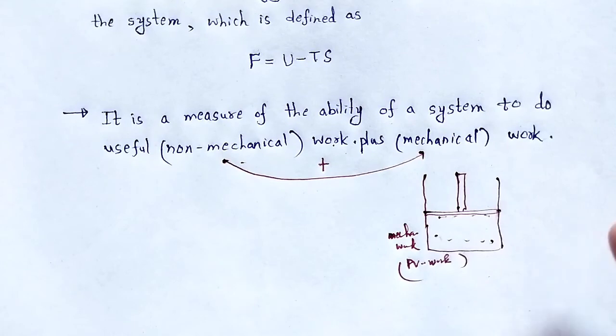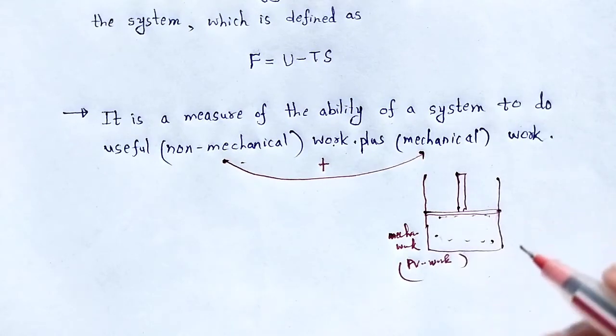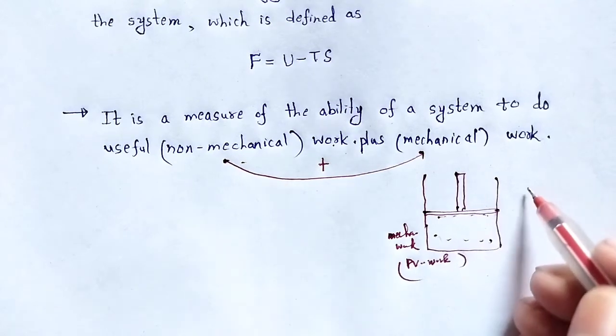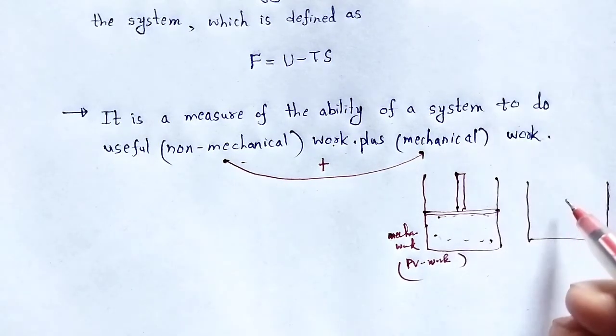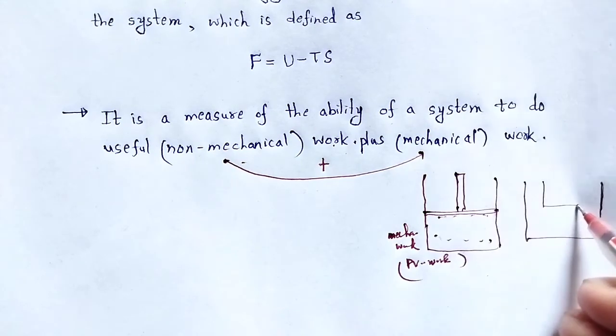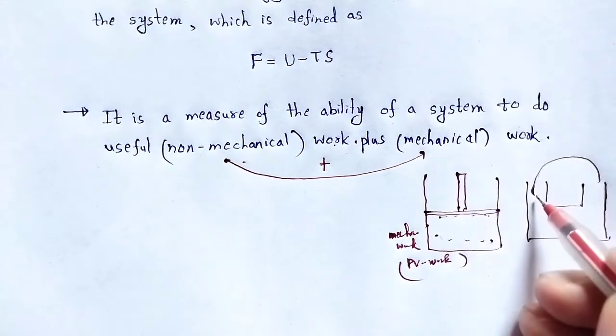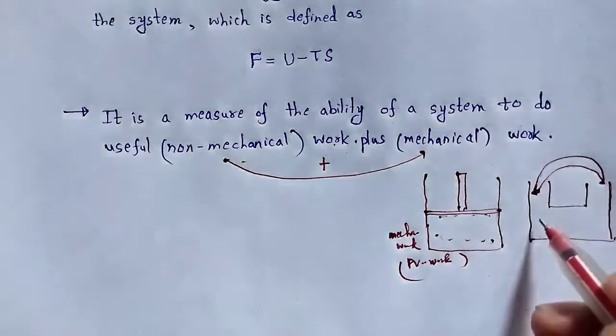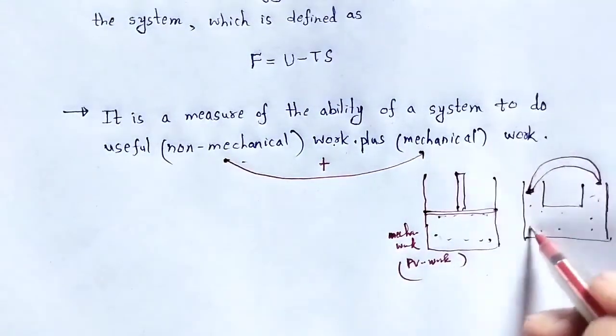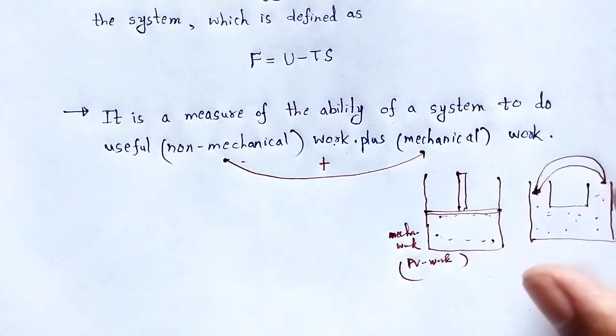Let me take another type of work, which is due to the flow of charge. Let me take the chemical reaction in the case of a battery. In a battery, the chemical reactions are carried out through the cell.